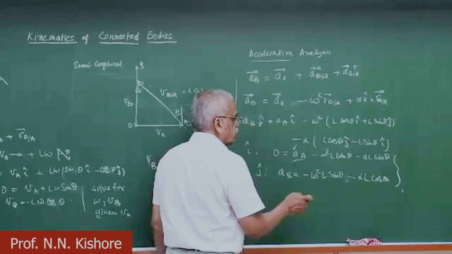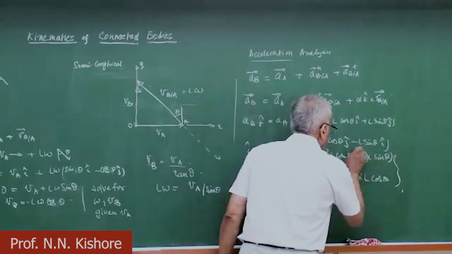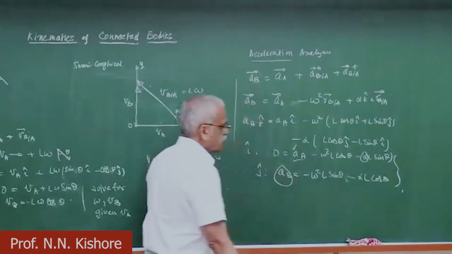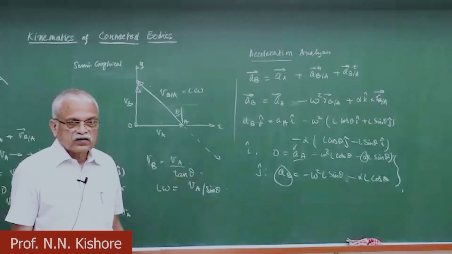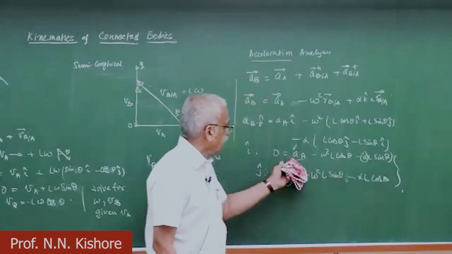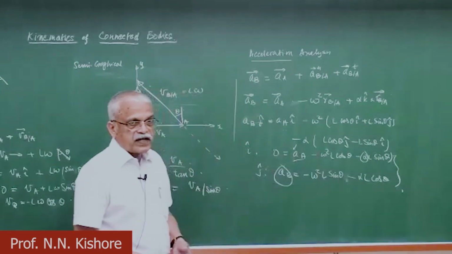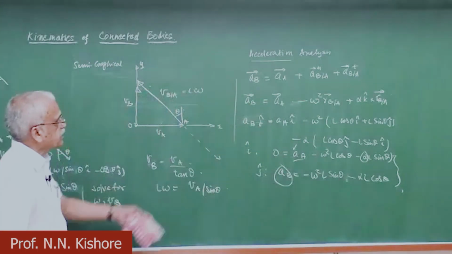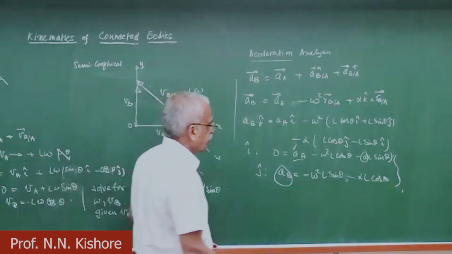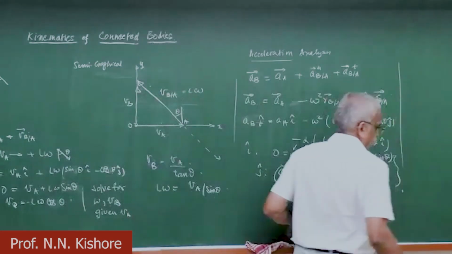Okay, you are supposed to solve for alpha and AB. So these two you can solve. Every other thing is known. Theta is given to you, AA is given to you, omega is obtained from the previous velocity analysis, and then you can do this. Okay, this is this one.